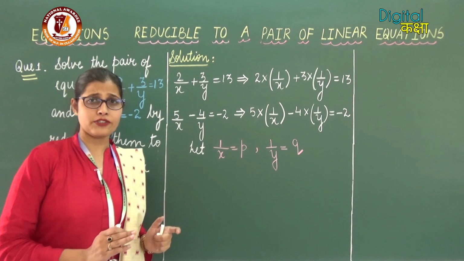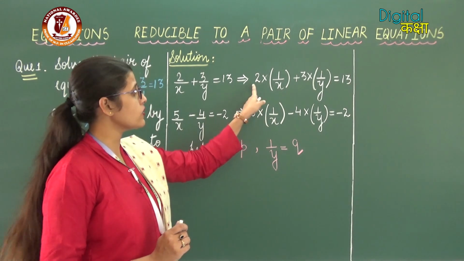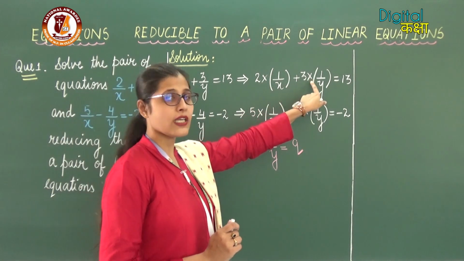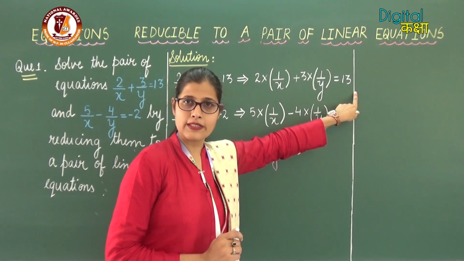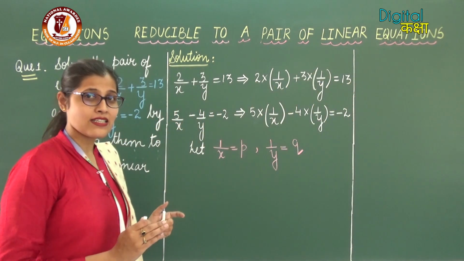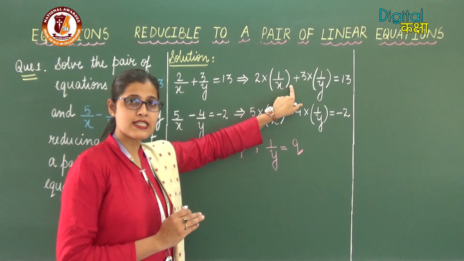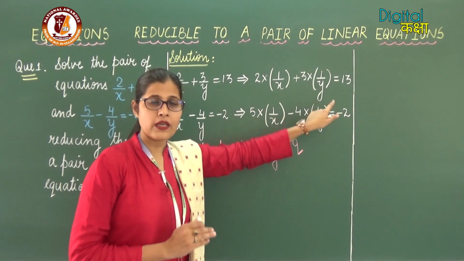The same equation can also be written as 2 into 1 upon x plus 3 into 1 upon y equals 13. That means that I am separating 2 from 1 upon x and 3 from 1 upon y.